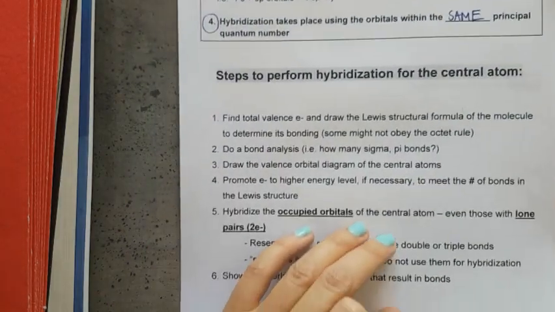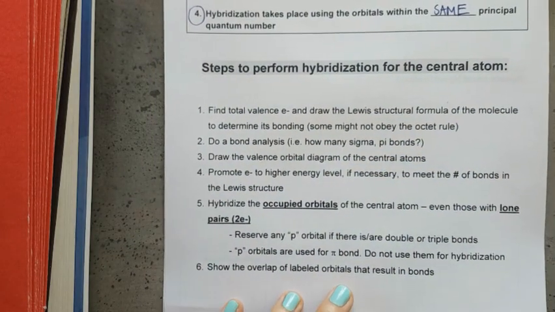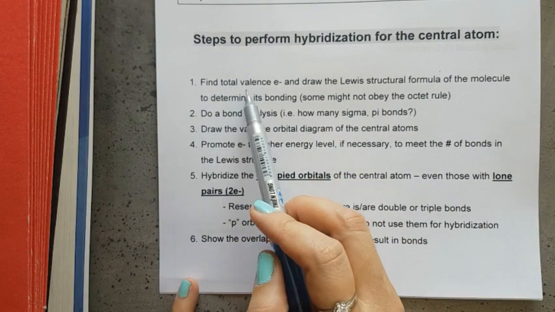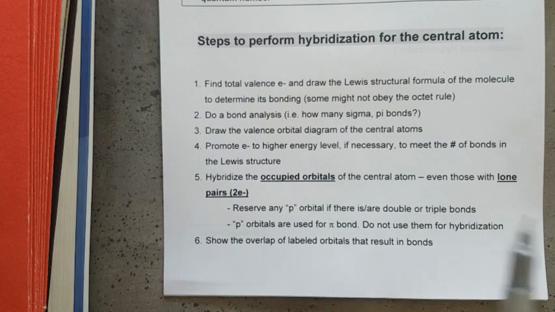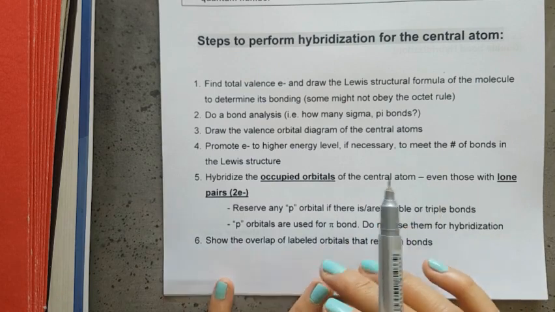That's what it meant. Now, these steps are how to do hybridization for any atom in detail. So the first thing you need to do is, of course, draw a Lewis structure. Before you can do that, you need to know the total valence electrons and then distribute them according to the steps I taught you in class.